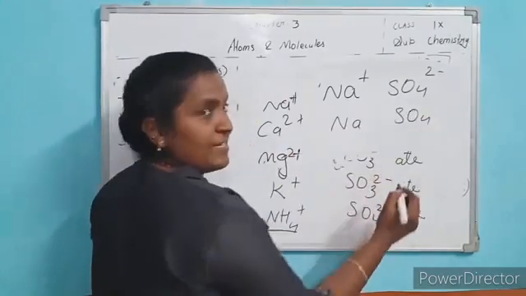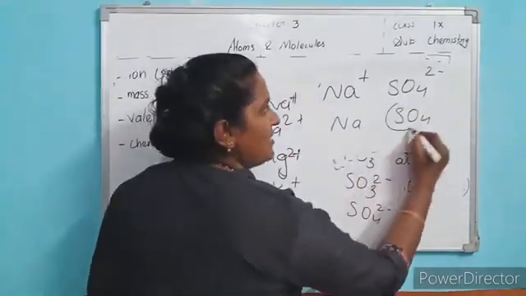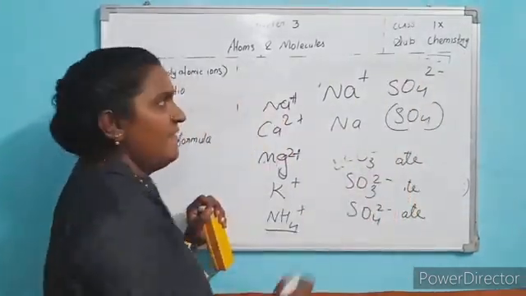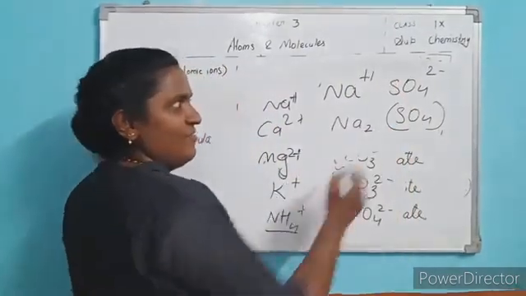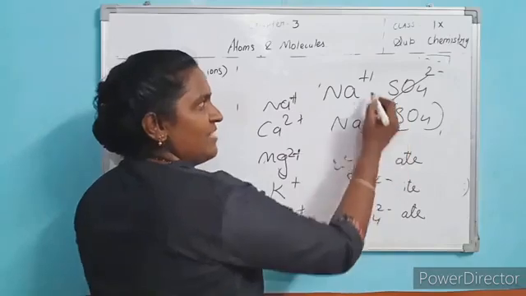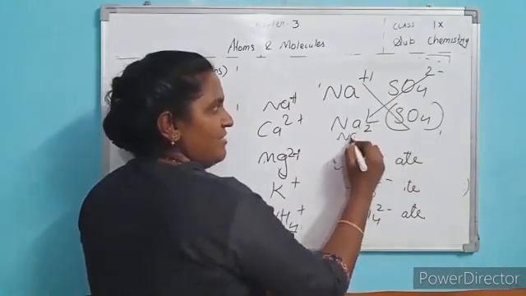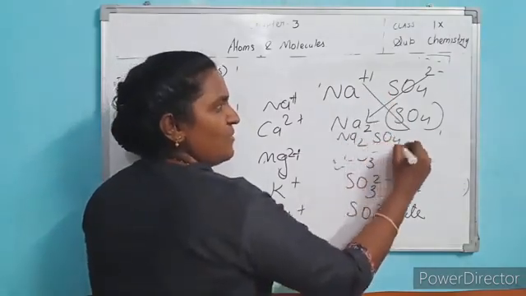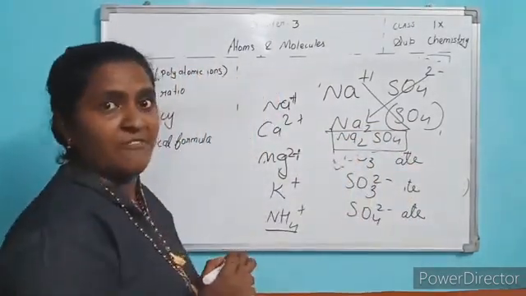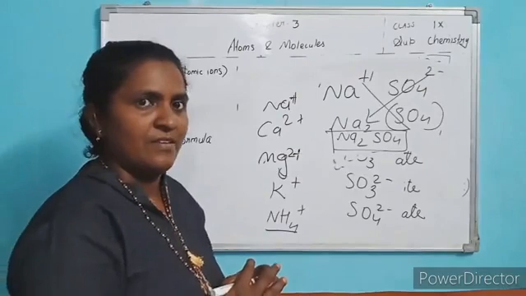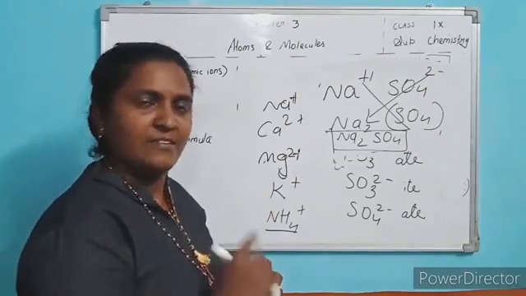Here both are capital letters, so more than one element means you put it in brackets. Now this one you write here, this 2 you write here. Crisscross, and this 1 has no meaning at all. So Na2SO4. This is the compound sodium sulfate, ATE. Okay, you practice. Thank you.